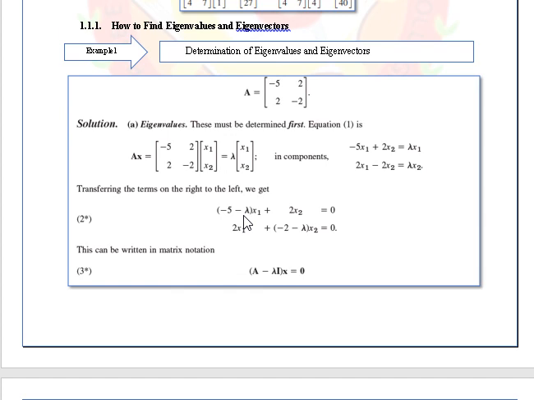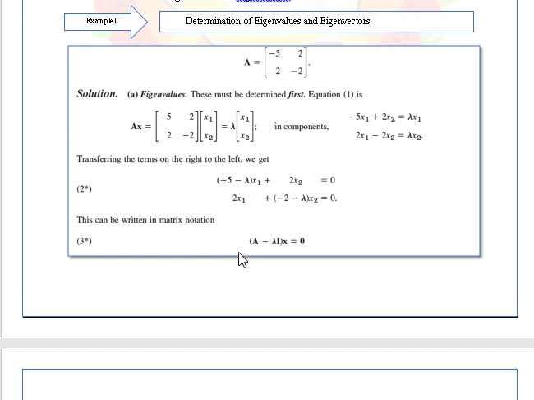Eigenvalues. So what we have to do is to satisfy this equation. We will be subtracting lambda from the diagonal constants. Instead of negative 5, it becomes negative 5 minus lambda, and instead of negative 2, it becomes negative 2 minus lambda.